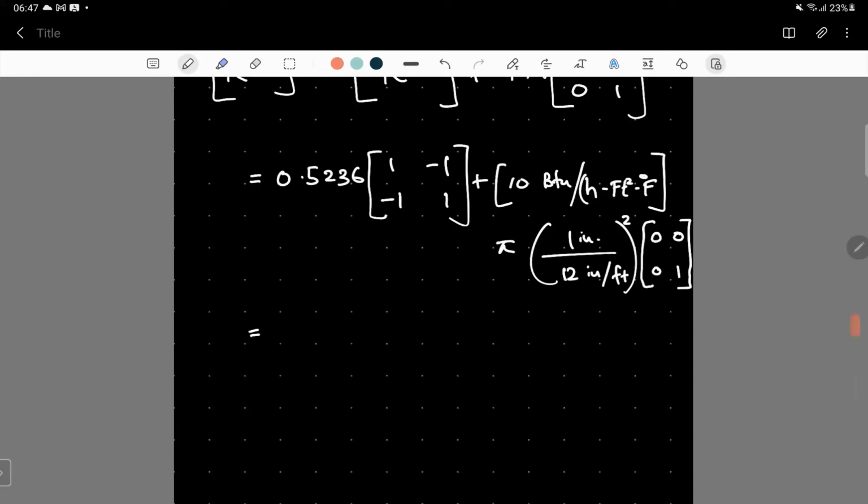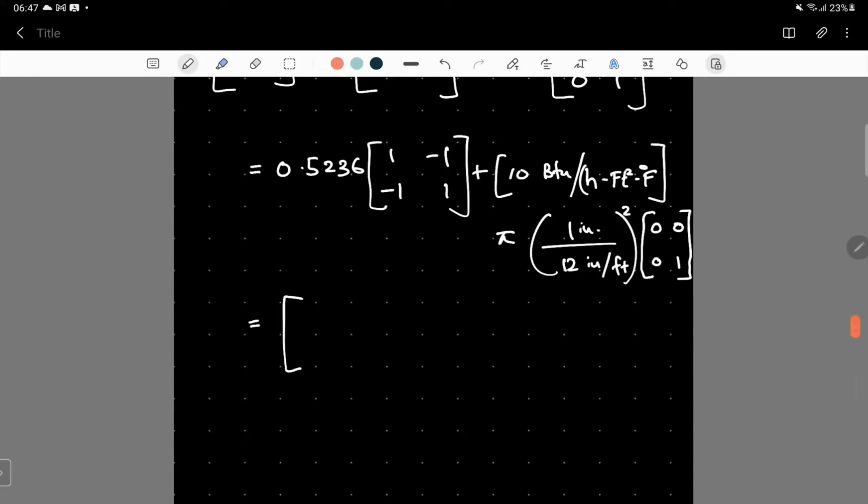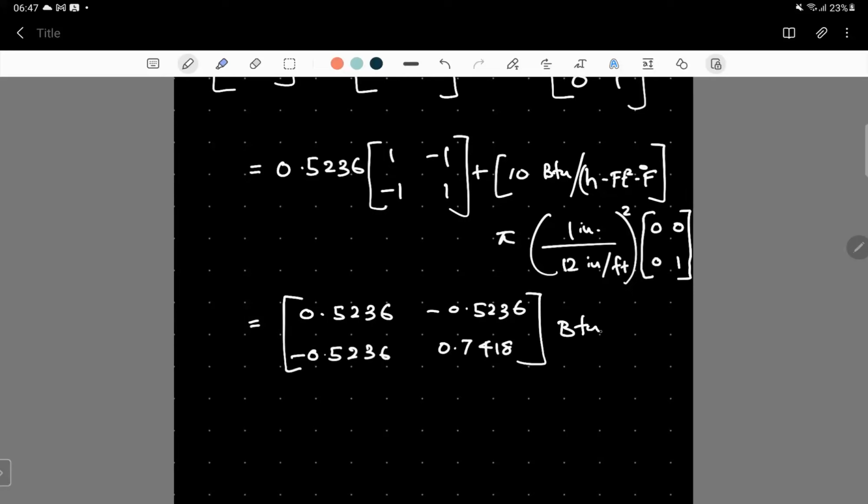You can solve this matrix formulation and you would get the element stiffness matrix for element number 4.